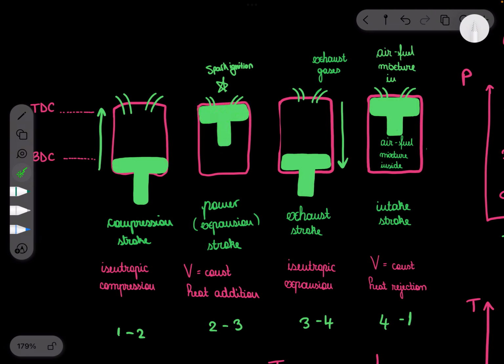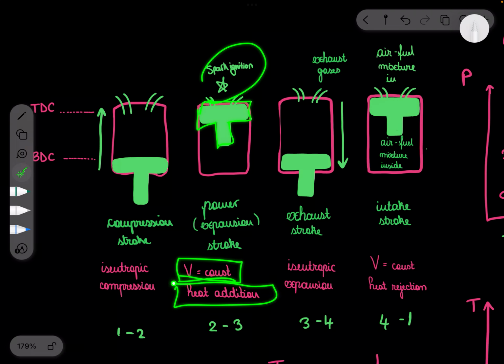This means constant volume, since our piston cylinder just stays at the top, while we have spark ignition. Spark ignition means that the temperature of the air or the fluid is going to increase. You're going to be burning fuel. So an increase in temperature means an increase in pressure.